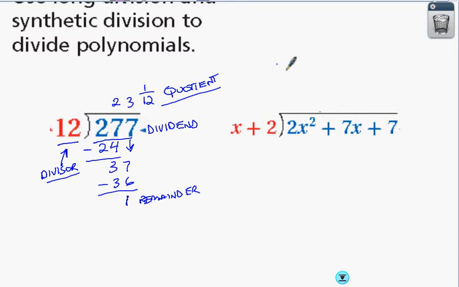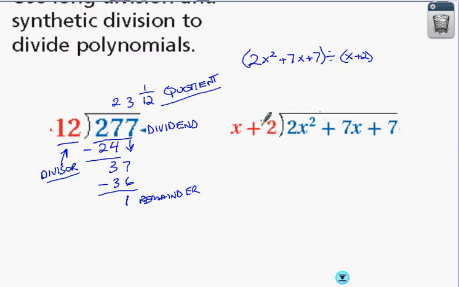This is a division problem as well. So here we have 2x squared plus 7x plus 7 being divided by x plus 2. So here we have a multi-term polynomial being divided by a binomial. Okay? So we're going to set this up the same way.